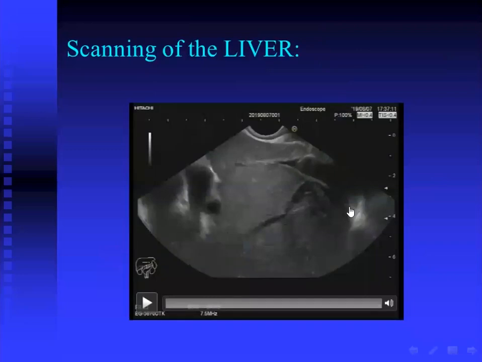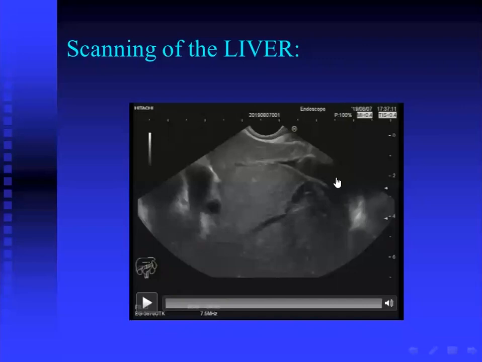So this is our start point in examination of the liver. We locate the echo endoscope at the cardia, 40 centimeters from the dental arch, and start to do clockwise and anti-clockwise rotation to find this landmark, the inferior vena cava.